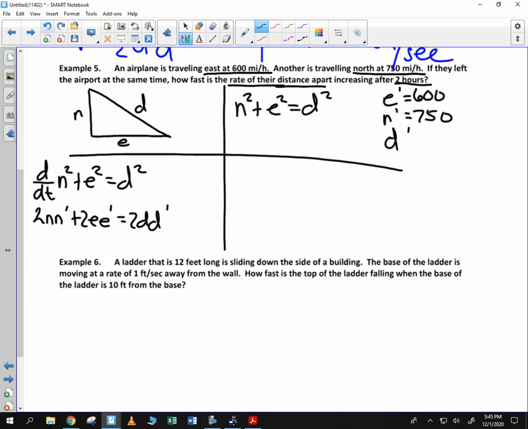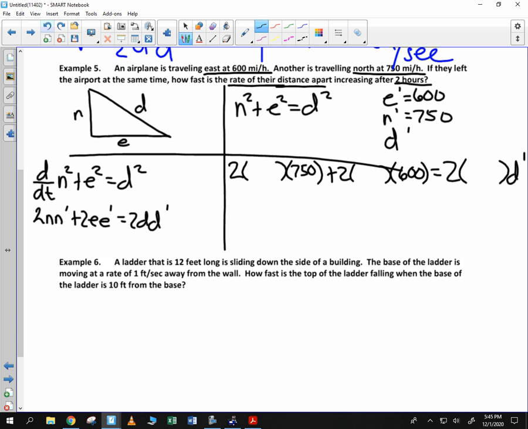So we've got 2 times n, whatever n is, times n prime, which is 750, plus 2 times e, which we don't know, times e prime, which is 600, is equal to 2 times d, which we don't know, times d prime.